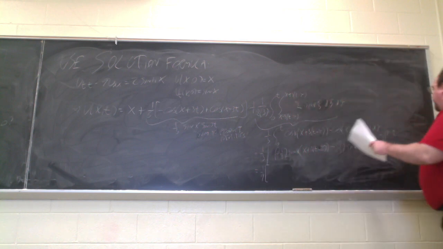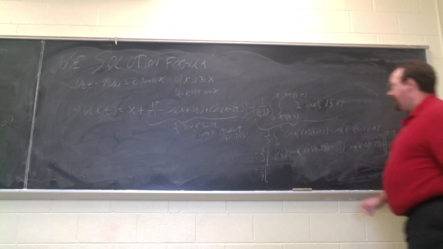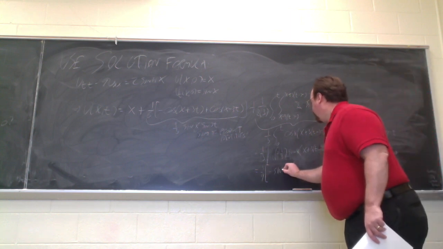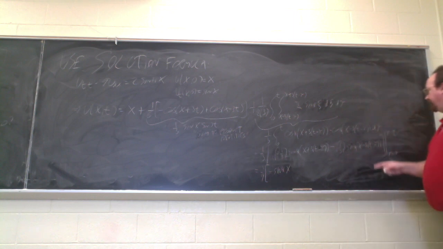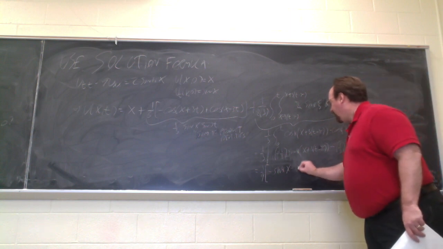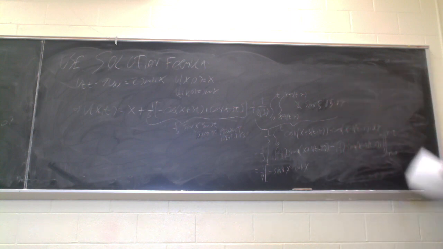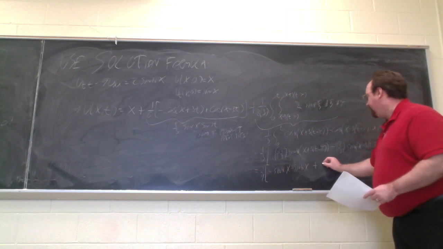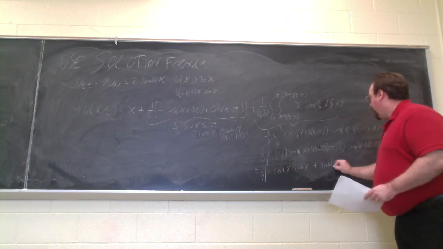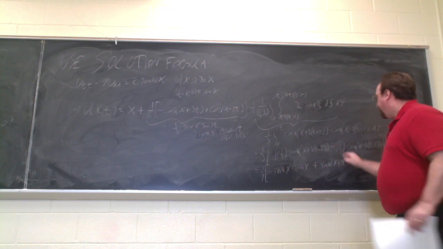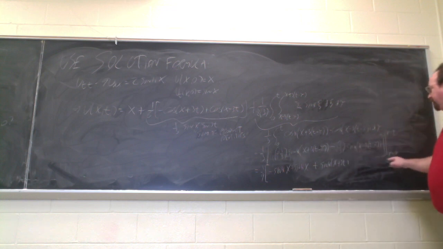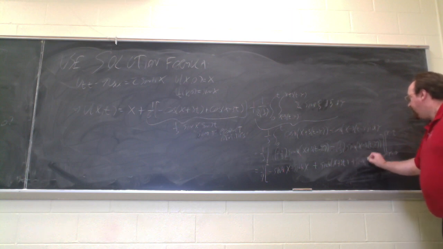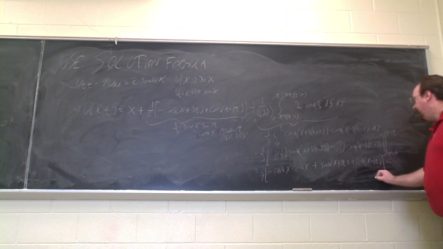When you plug in tau equals t, you get minus sinh x. Then when you plug in tau equals t over here, this goes away, and you get another minus sinh x. And then when you plug in the lower limit, tau equals 0, you get minus sinh(x plus 3t) plus sinh(x plus 3t), and then minus, but it's a lower limit, so minus and minus gives you a plus, sinh(x minus 3t).